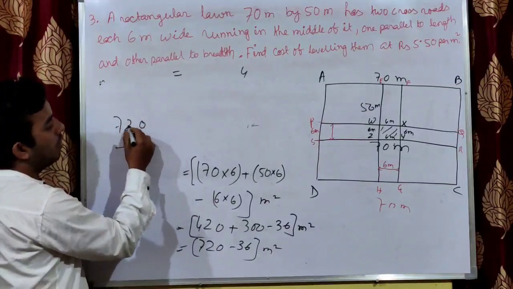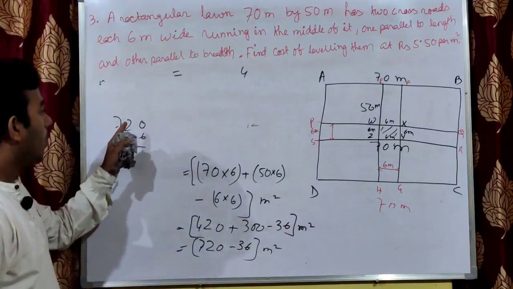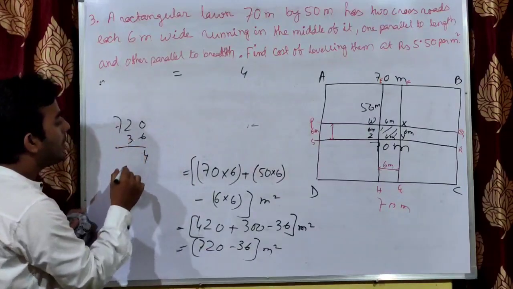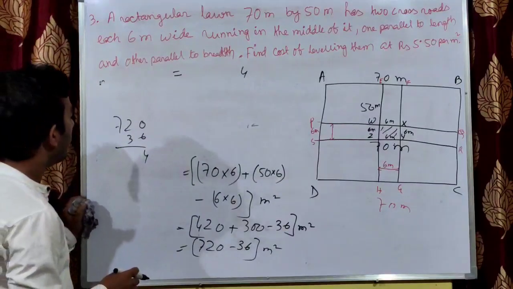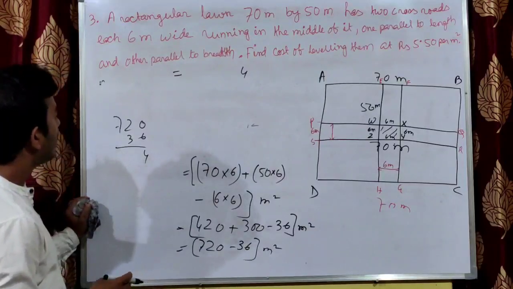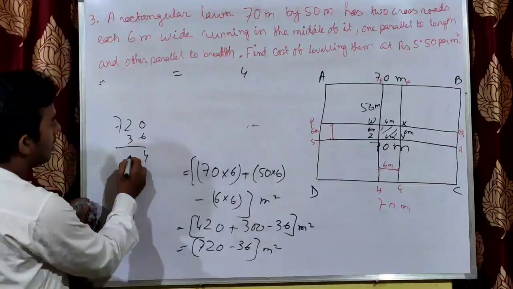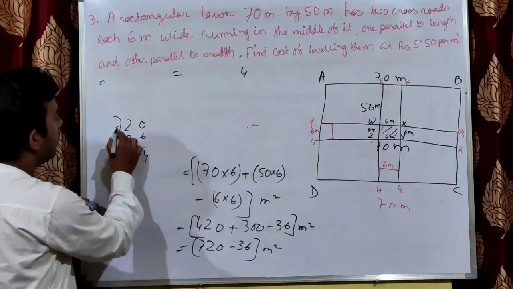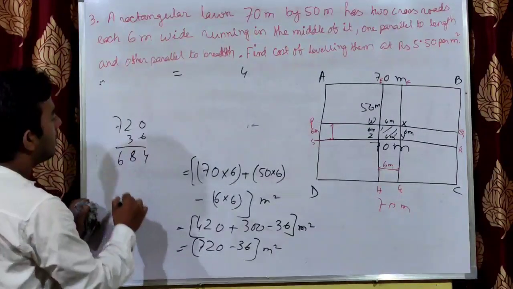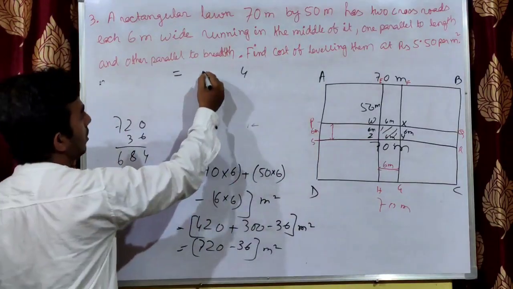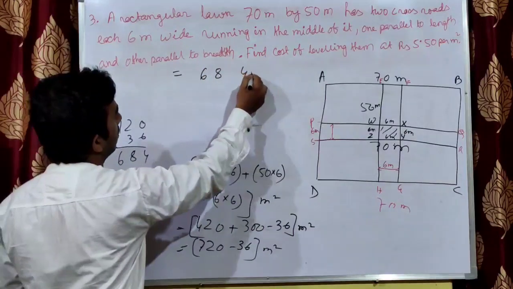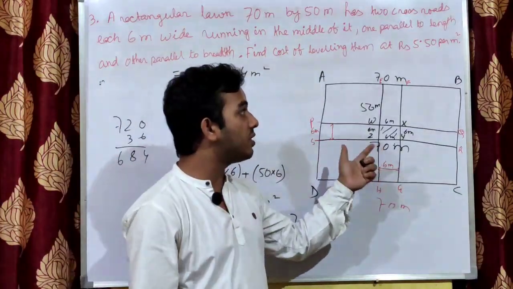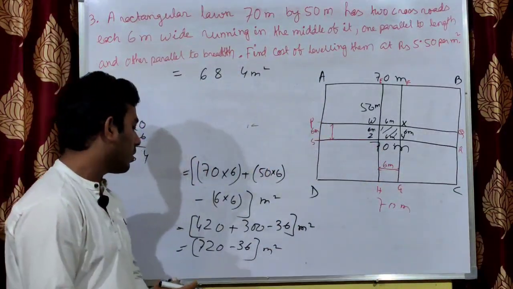So we will borrow 1 from this. It will be 10. 10 minus 6 is 4. Then 11 minus 3 is 8. So it is 684 meter square. That means the area of both the roads is 684 meter square.